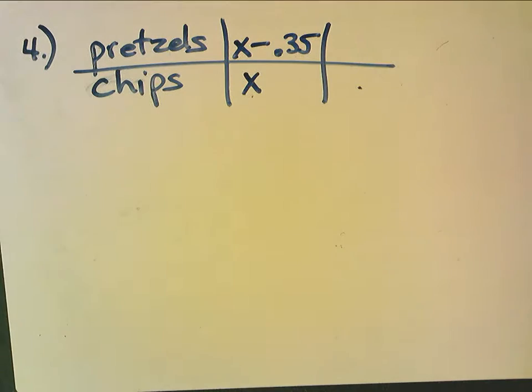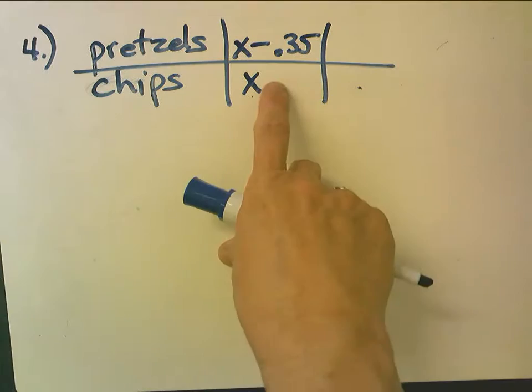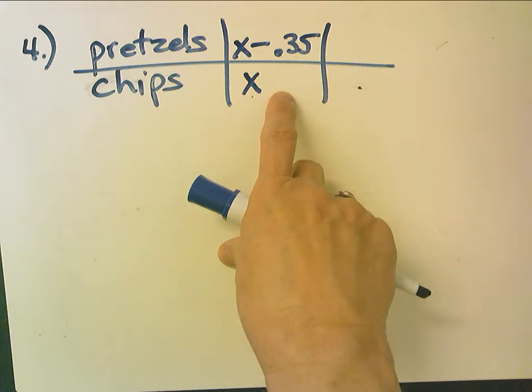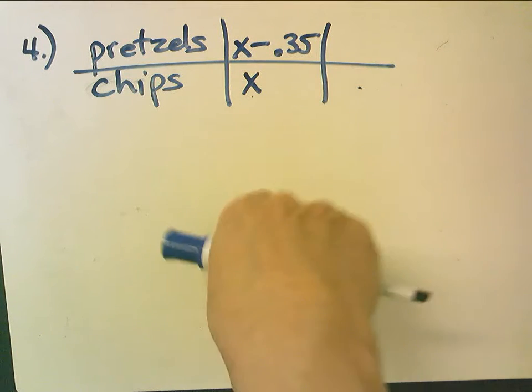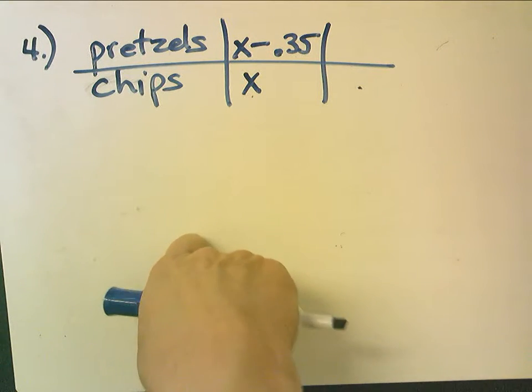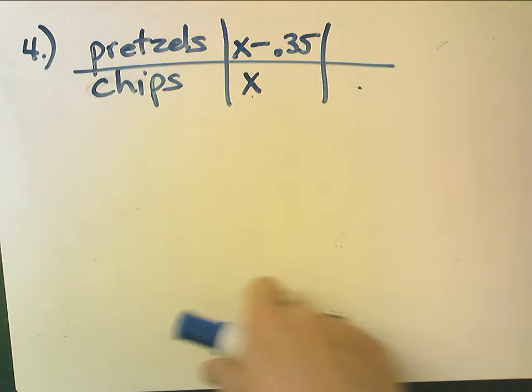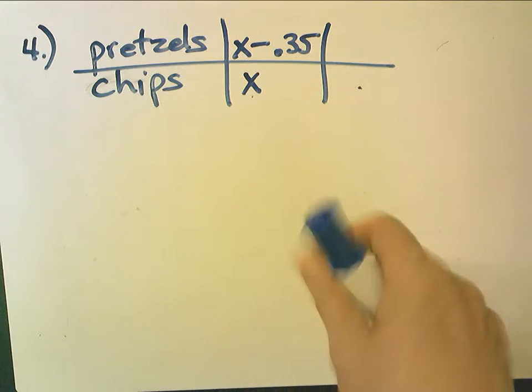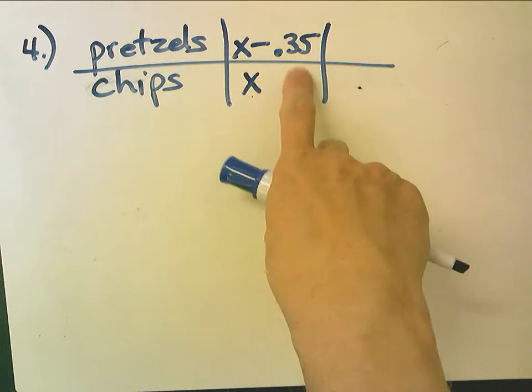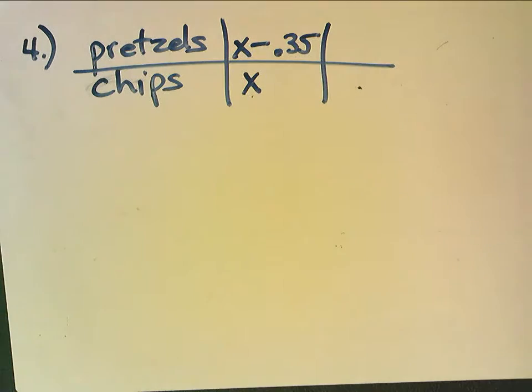If you don't understand that, think about this. If I tell you chips cost $1, but pretzels are 35 cents less, how would you figure out the cost of pretzels? You'd take $1 and subtract 35 cents, which would be 65 cents. So you subtracted 35 cents. So if I tell you chips are x, the pretzels are x minus 35.